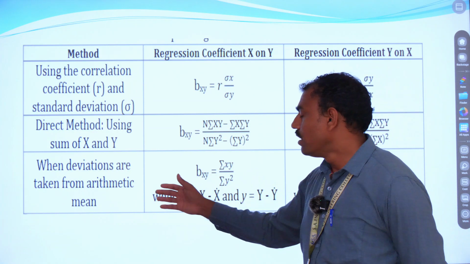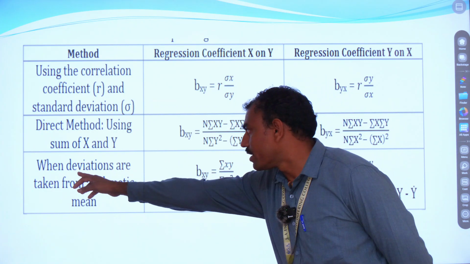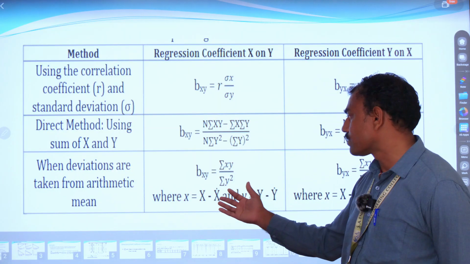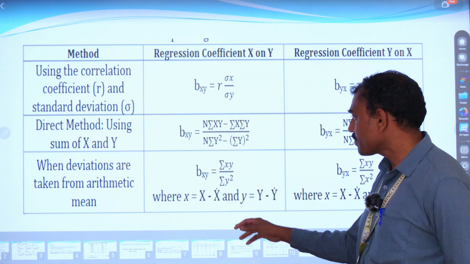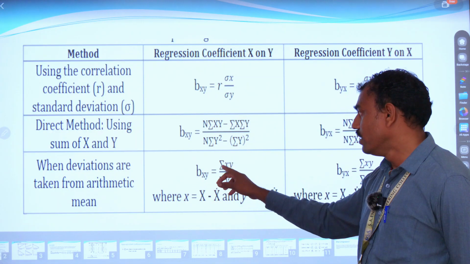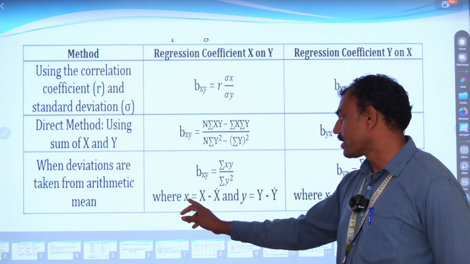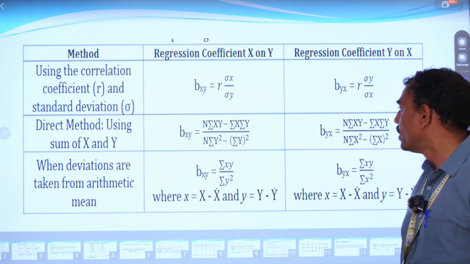The last one, here we use the deviation method when deviations are taken from the arithmetic mean. So arithmetic mean means x bar equal to summation x by n. So bxy equal to summation of xy divided by summation of y squared, where x equal to x minus x bar and y equal to y minus y bar.